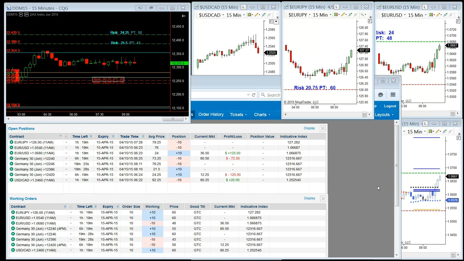If it does, I'll probably achieve my profit target on the euro US dollar. You can track the current market right here. So the current market's at 41. My profit target is at 48. That's all I'm looking at.